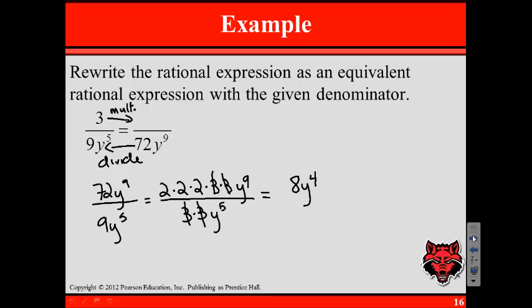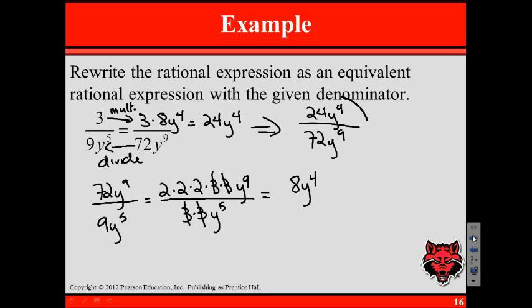So when we divide, we get 8y to the 4th. But we want to multiply the numerator by what we just found. So 3 times 8y to the 4th would give us 24y to the 4th. So the new fraction would become 24y to the 4th over 72y to the 9th.